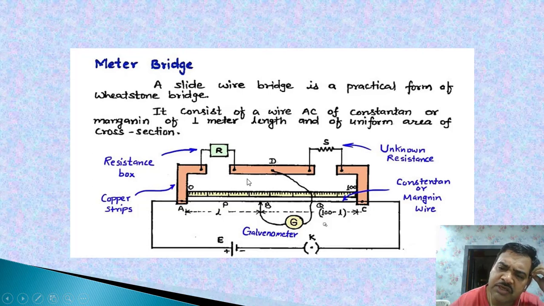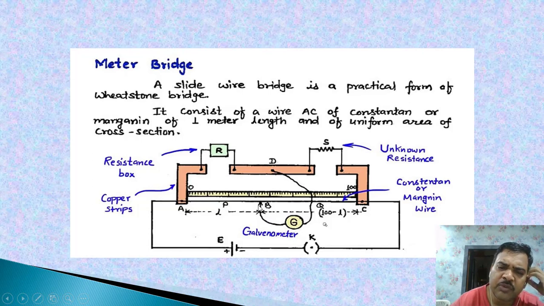We connect copper strip because copper strip has very little resistance, almost equal to zero, and this wire is made of constantan or manganin, and we connect a galvanometer from point D, and the other end of the galvanometer is connected to a jockey.